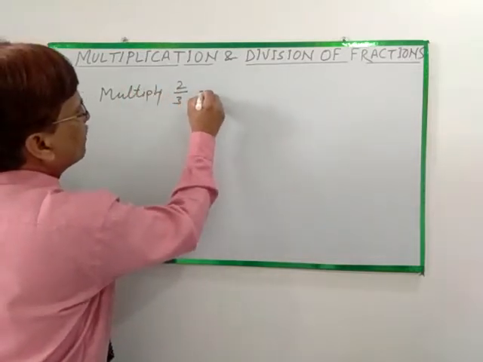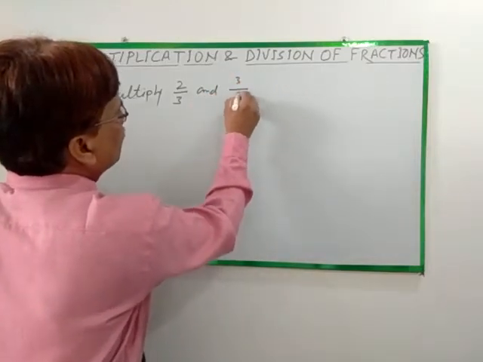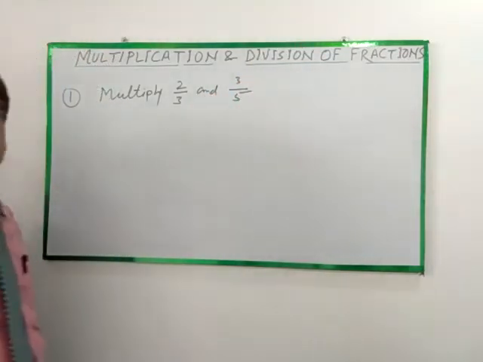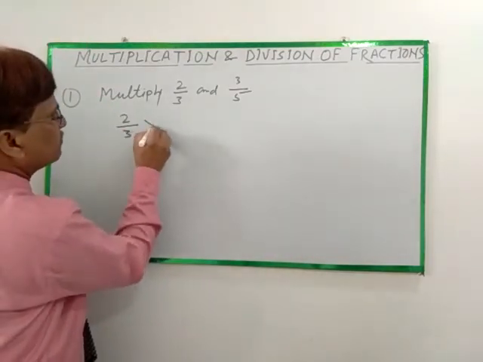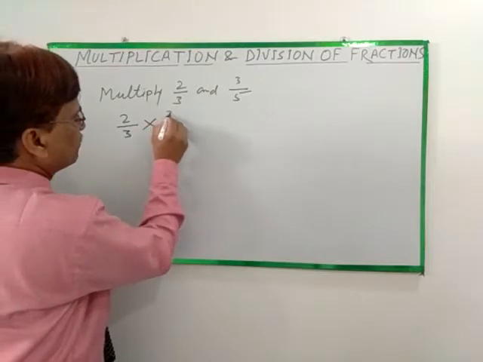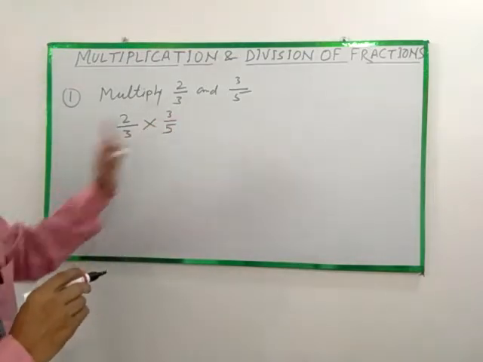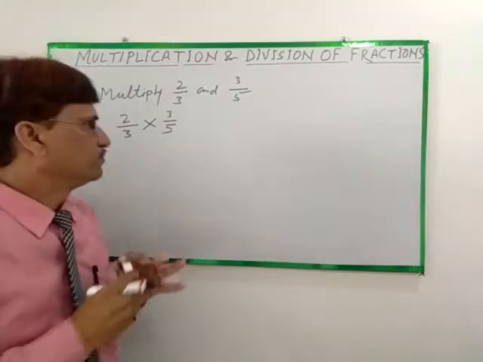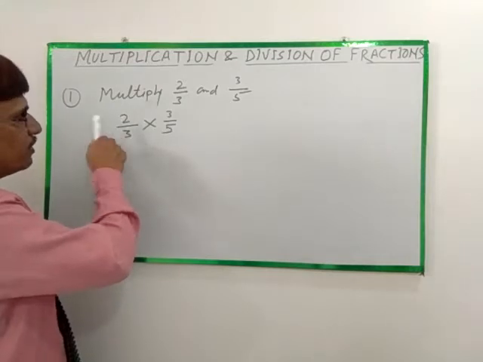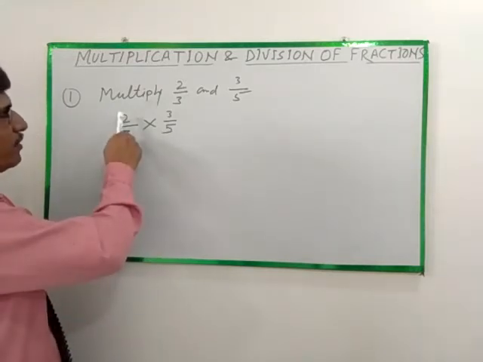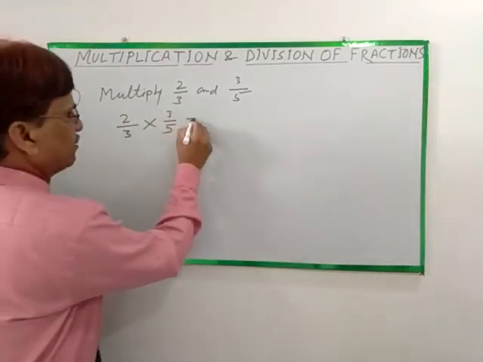2 by 3 and 3 by 5. We have to multiply numerator with numerator and denominator with denominator.